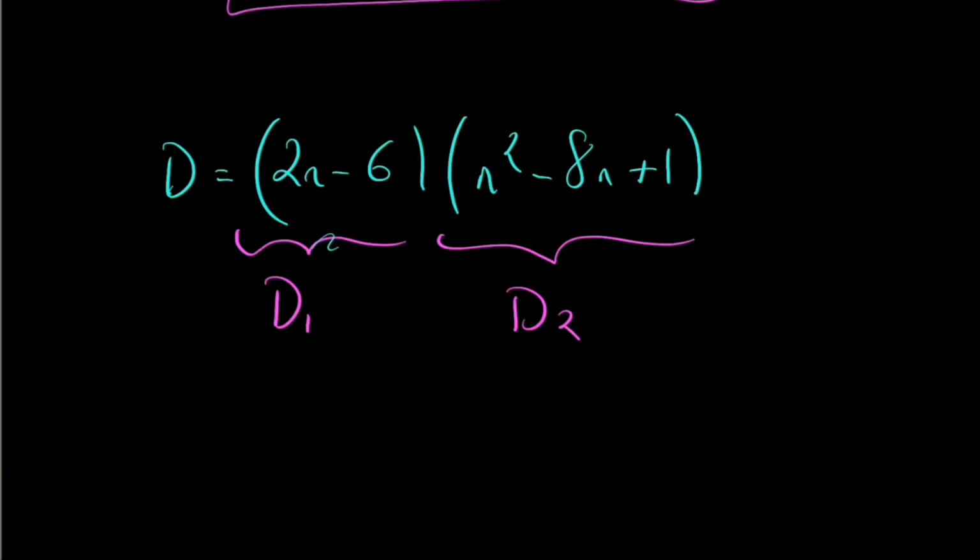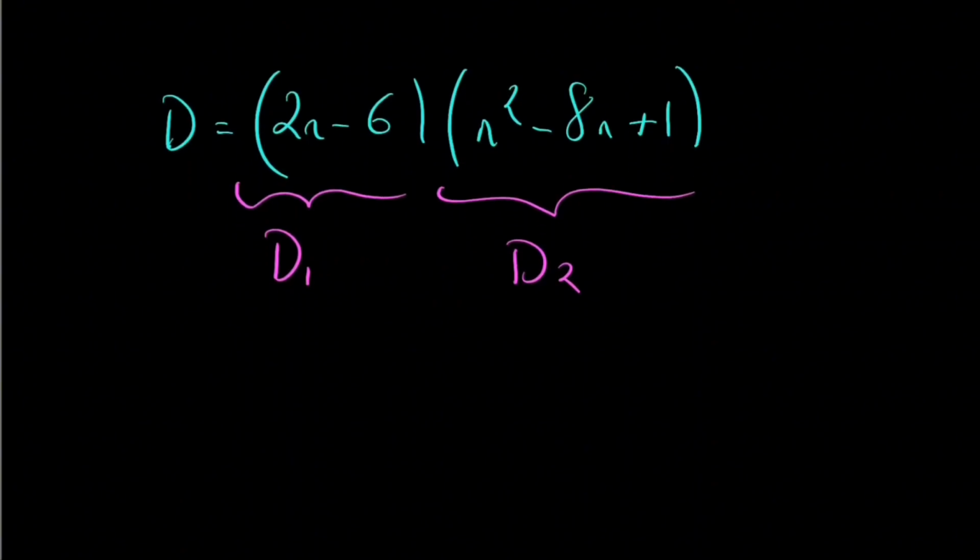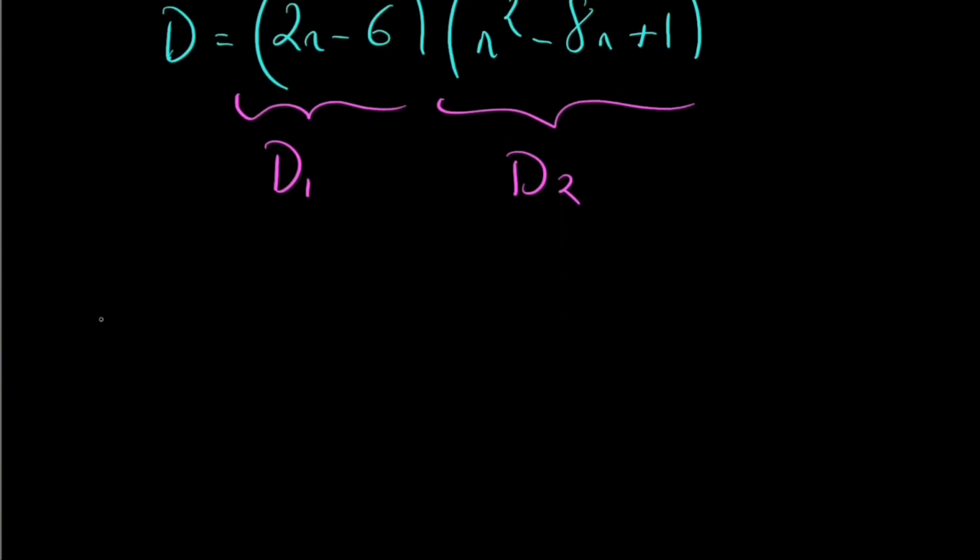So we will study the behavior of d1 first, then the behavior of d2, and then in a table of values we will find when d is positive, negative or equal to 0. So let's start with the study of d1.